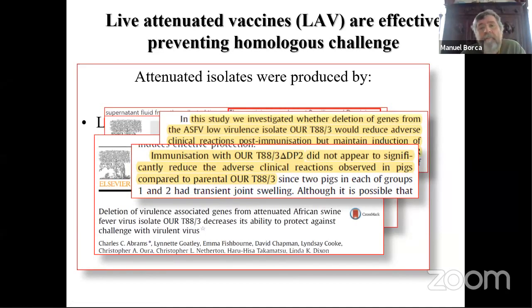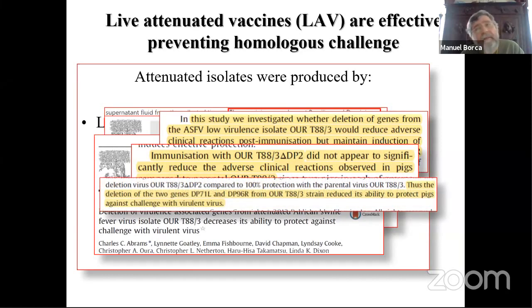And the worst scenario, which is very frequent and happened to us at Plum Island also, was that once the genes were deleted, they not only didn't eliminate the residual virulence, but there was also a clear decrease in the ability of the T88 virus to induce protection. So with genetic manipulation, even in those natural attenuated isolates, we have to be a little bit careful.